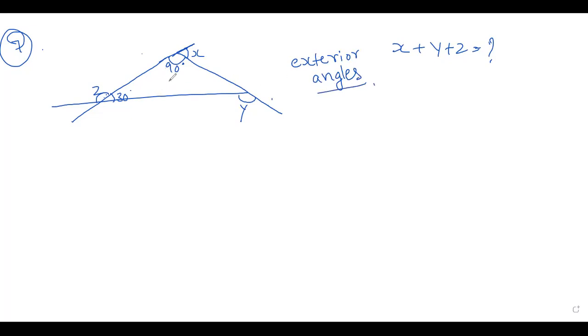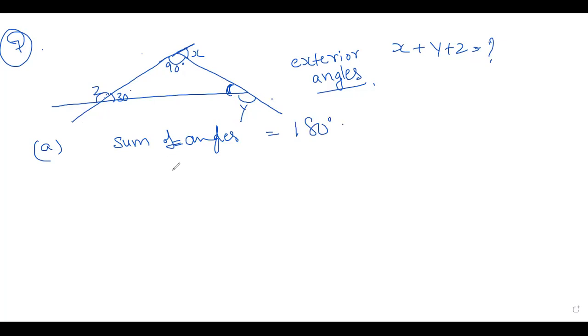exterior angles. Here we know that they have given two angles, right? 90, 30. And what about the other angle here? You can find it easily. The sum of all the angles will be 180 degree, right? So I will write here, sum of all the angles is equal to 180 degree.